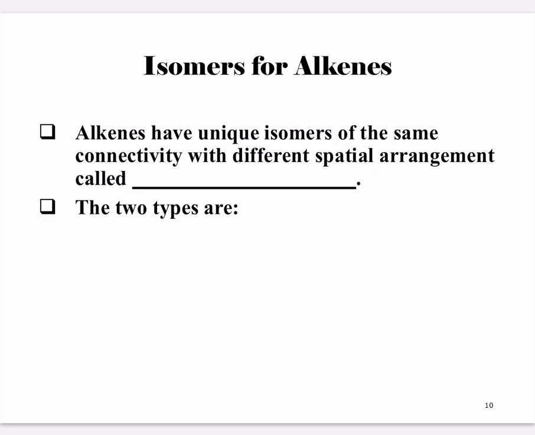If they have the same connectivity and the same chemical formula, but just different 3D spatial arrangement, they were stereoisomers. And specifically, these ones for alkenes are called geometric stereoisomers.